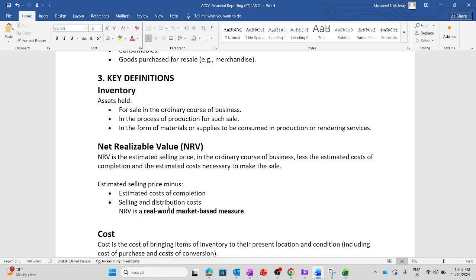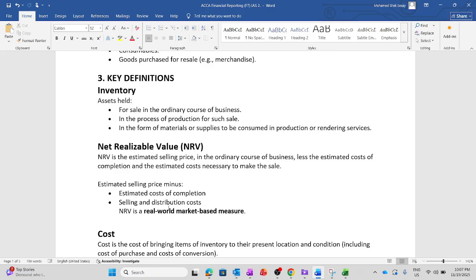It means, for instance, if we are using the cost model to value our inventory, if the cost of a Sierra Jones is 10,000 leones, for example, and the net realizable value dropped to, let's say, 9,000 leones, then according to IAS 2 we recognize the 9,000 as the value of the inventory, as the value of the Sierra Jones, instead of the 10,000.